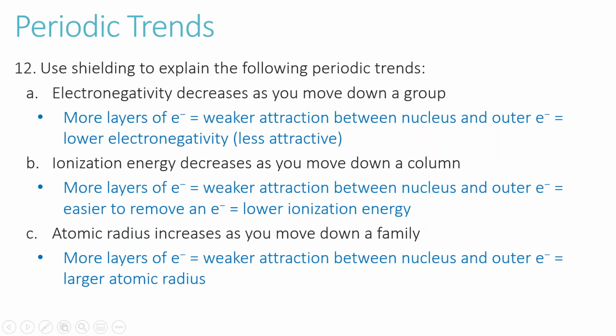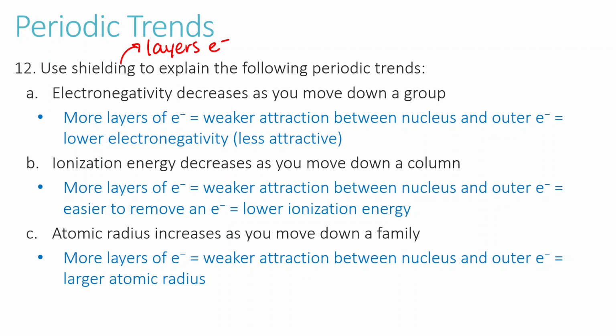Number 12, we want to explain some periodic trends. And we're talking about shielding. Shielding refers to how many layers of electrons are present in an atom. Electronegativity is a measure of how attractive an atom is to electrons that are being shared in a bond.